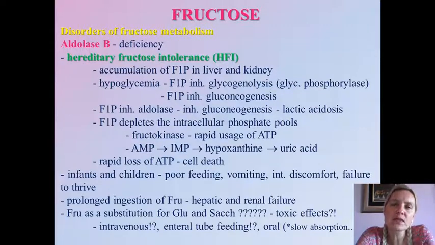Fructose 1-phosphate also inhibits aldolase activity. So as a result of it, it inhibits gluconeogenesis, I mean the usage of lactate from anaerobic glycolysis, which yields the accumulation of lactate and lactic acidosis.